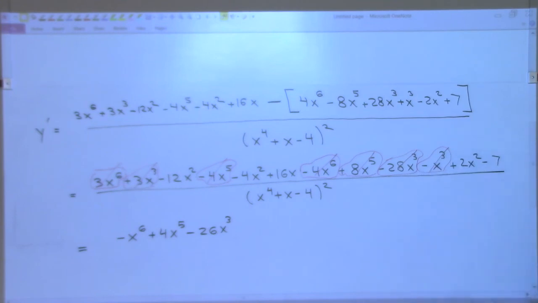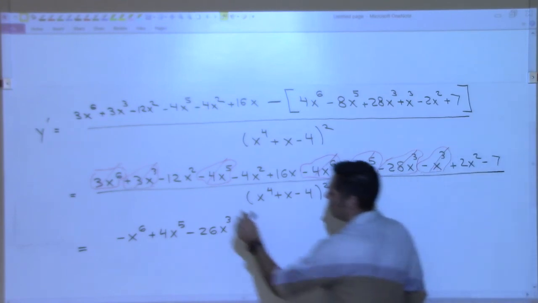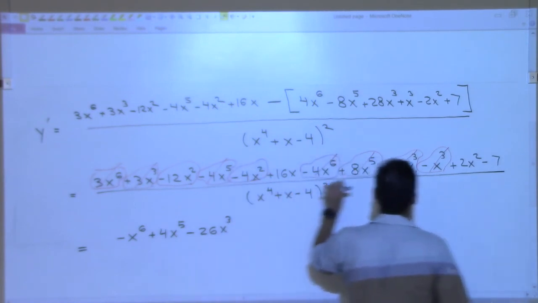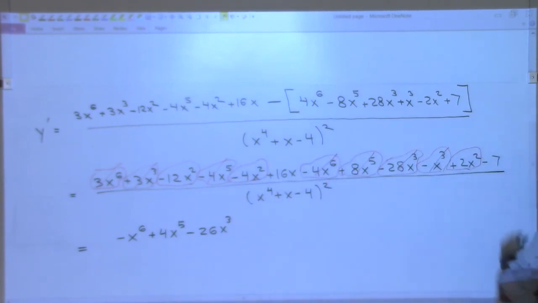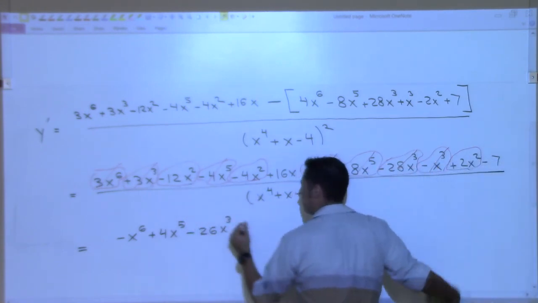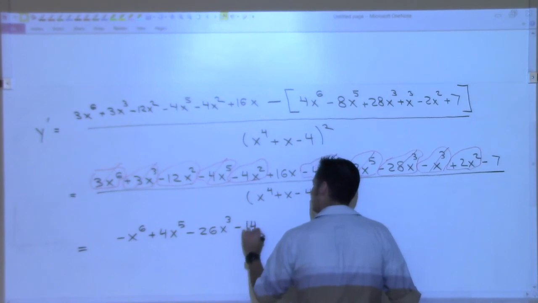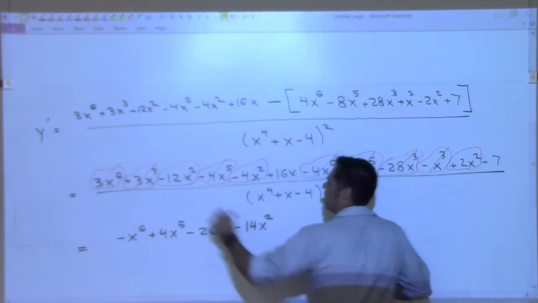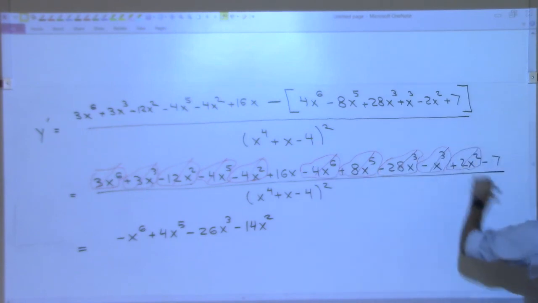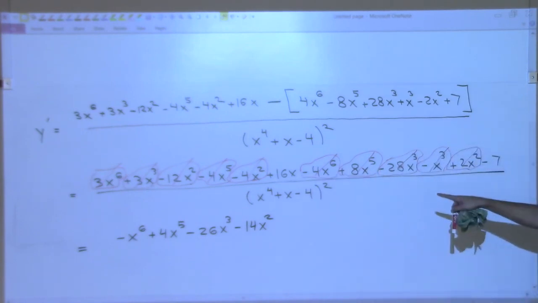How about squareds? So negative 12 minus another 4 of them, and then plus 2 of them. So what is it? Those two are negative 16. And then, I think you said negative 14 first. Negative 14x squared. Almost there. X's, I just have 16, right?